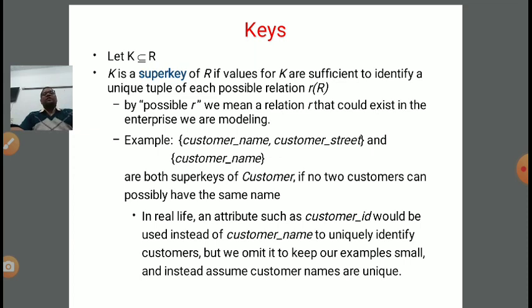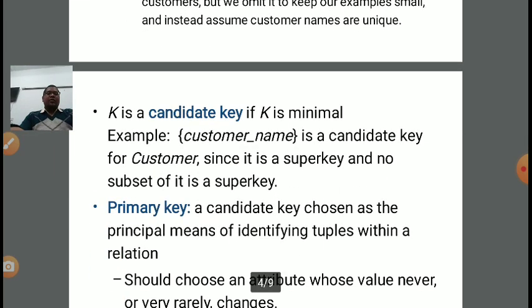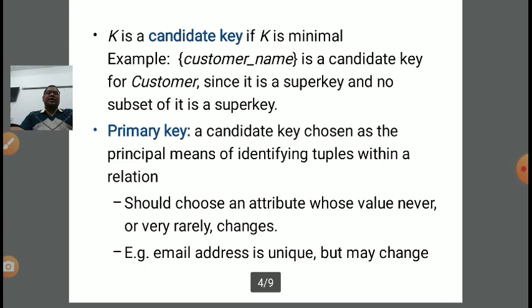Here one very important concept comes into the picture: in a super key there may be some extraneous attributes. Extraneous attributes are those which, if we omit them, the database can still distinguish two records. Now K is a candidate key if K is a minimal super key.